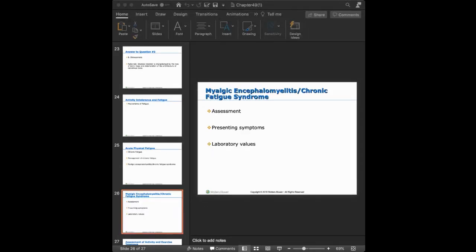Oftentimes, just physically changing those basic lifestyle choices, diet, exercise, rest, can put their condition in remission. So we need to make sure that we are giving them good information.